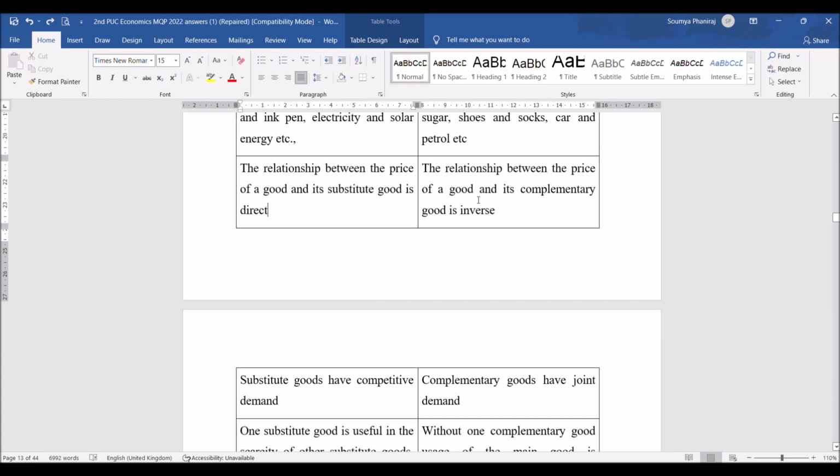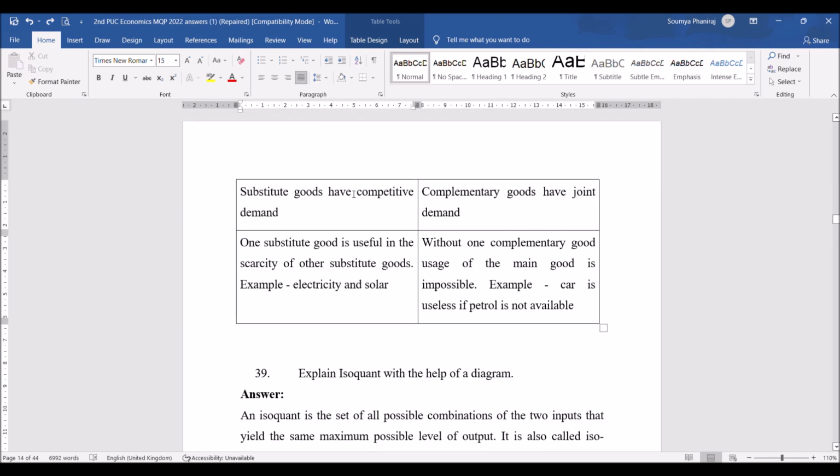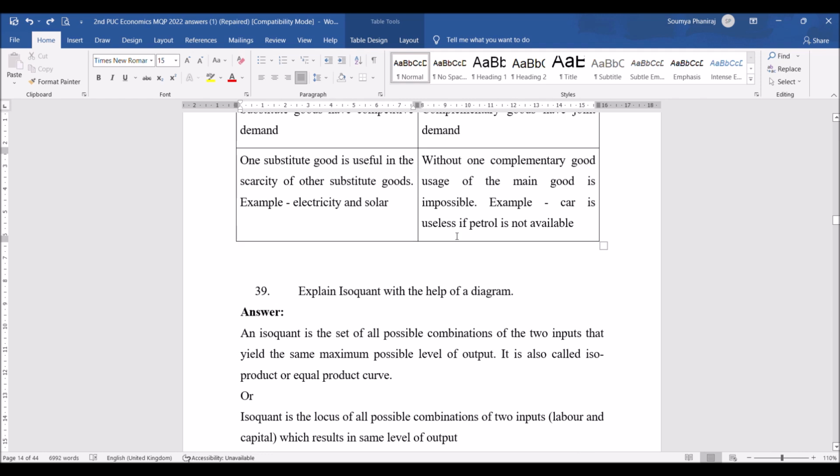Then is the relationship between the price and the good, which is discussed as the next difference. Then what kind of demand substitute goods have and what kind of demand complementary goods have. And then the last point is about, again, an example of how good a substitute good will be and what is the use of the complementary good.